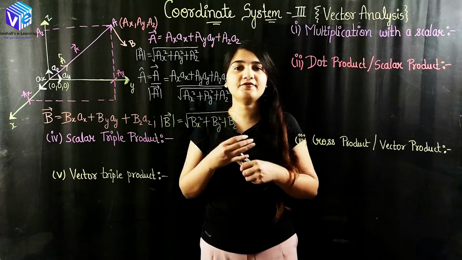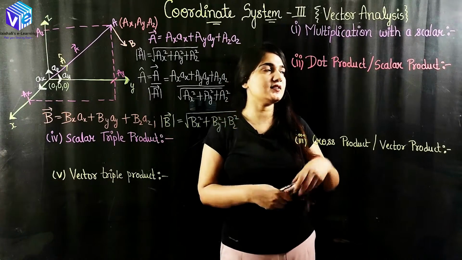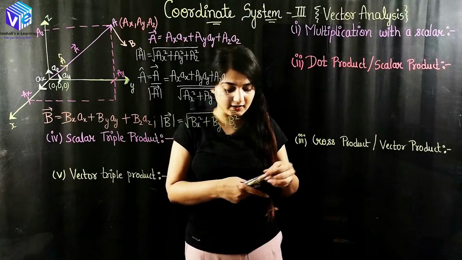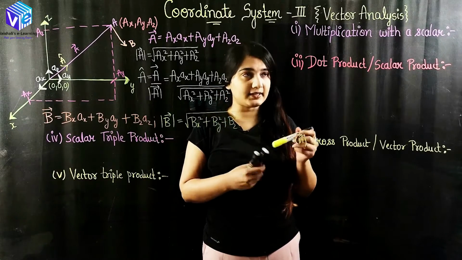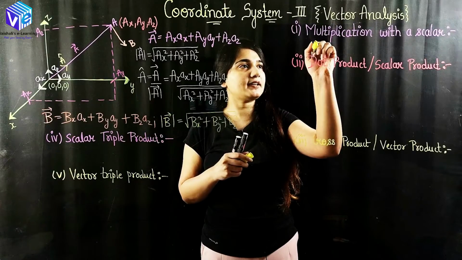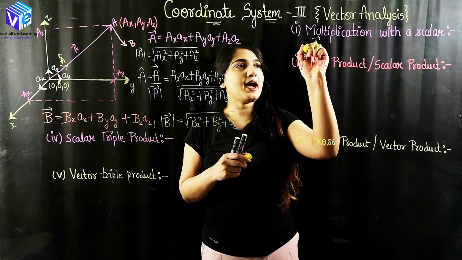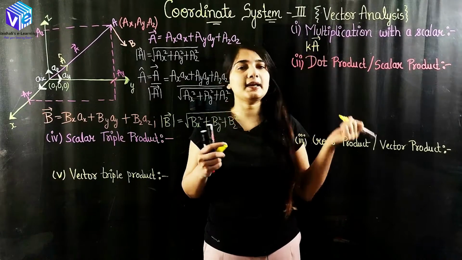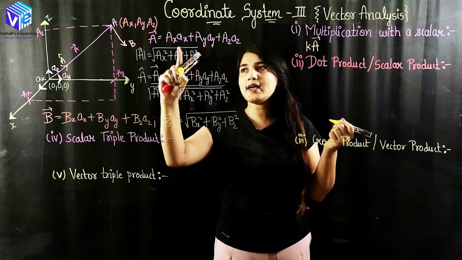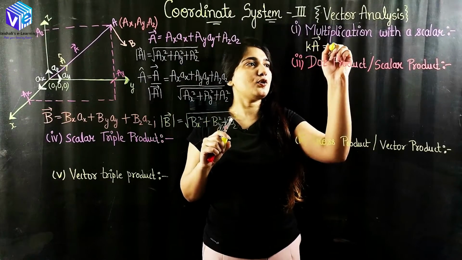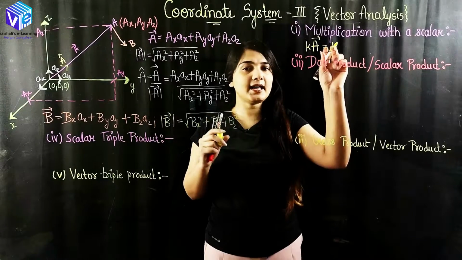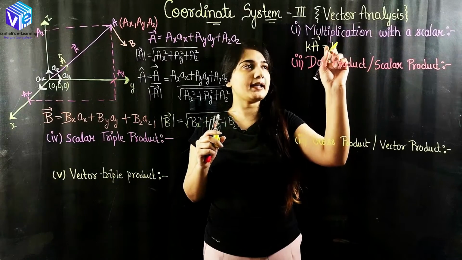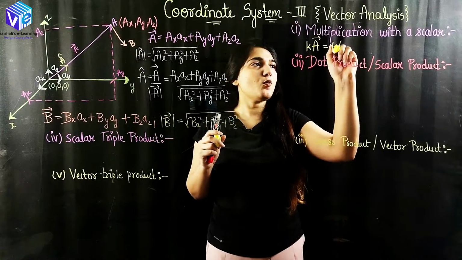So first of all, the first thing that we want to discuss is multiplication with a scalar. If I have a vector A and I am multiplying it with a scalar k, k is a number which is a scalar, and I can represent k as it is. What is A?